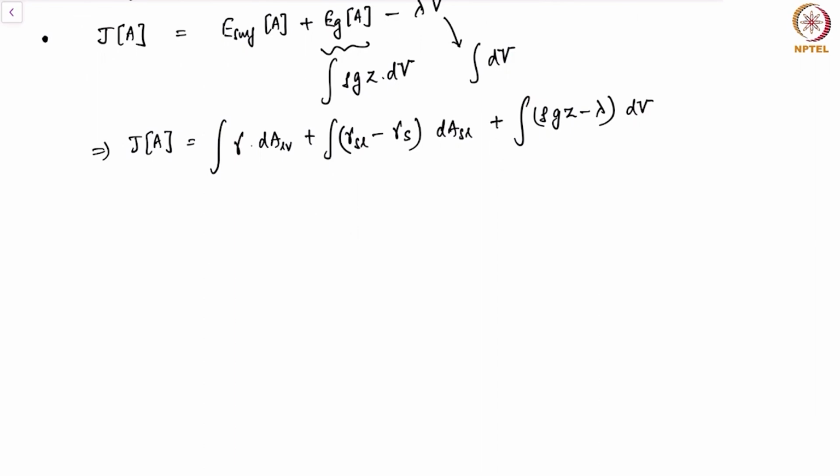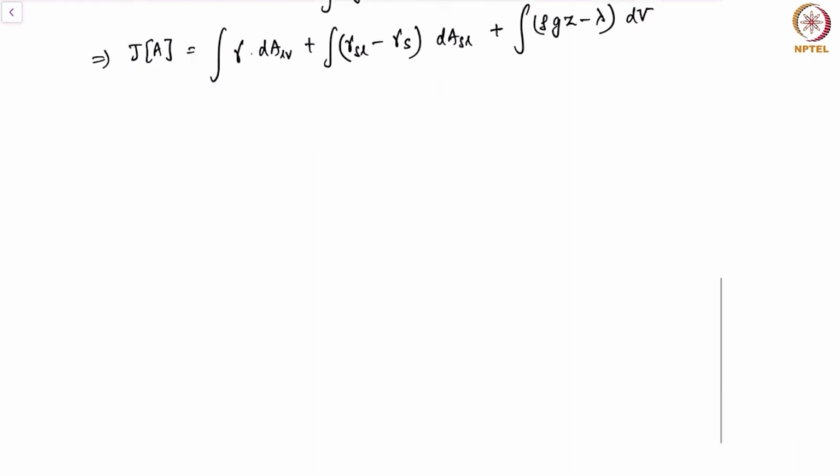Well, we'll determine the value of lambda, but you can already make a guess. If you look at the last expression, I have rho gz minus lambda. So the unit of lambda should be the same unit as rho gz, and if you work out the units of rho gz, it will be pressure. So lambda will be like a pressure. It at least has the units of pressure. Okay, so we'll find out what exactly it is when we take this analysis forward.